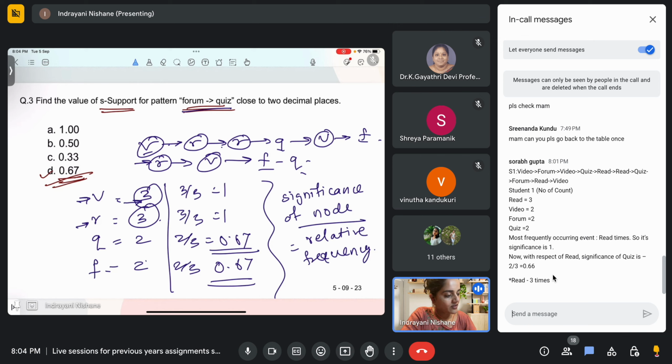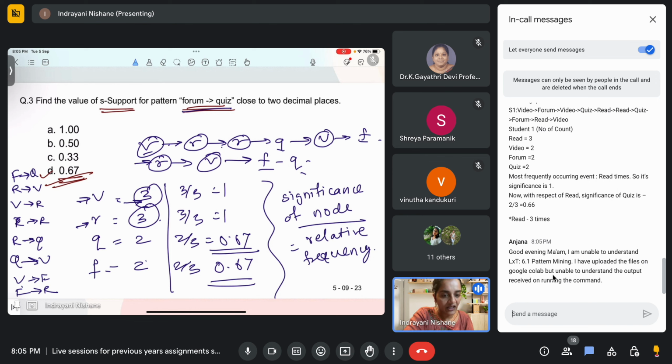So if we want to consider the edges, we consider V to R, R to Q, Q to V, V to F, then F to R. R to V, V to F, F to Q, and we calculate how many times each is occurring.